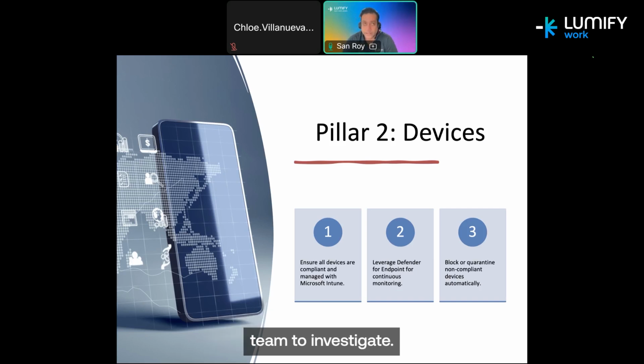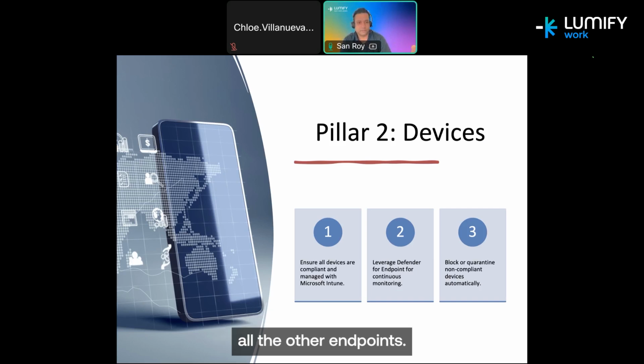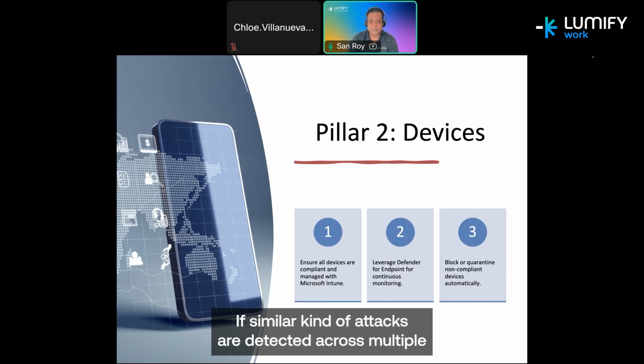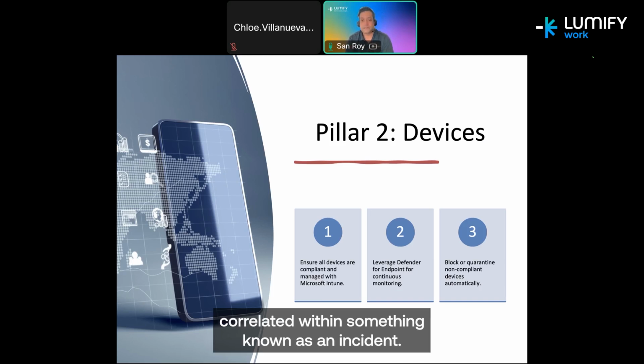It will generate the alert, but it will also try to find similar alerts across all the other endpoints. There might be similar attacks, or there might not be. If similar attacks are detected across multiple endpoints, multiple alerts reflecting each endpoint get generated. And all these alerts get correlated within something known as an incident.